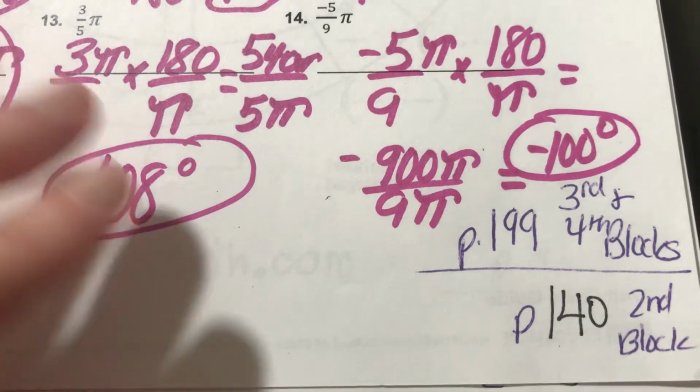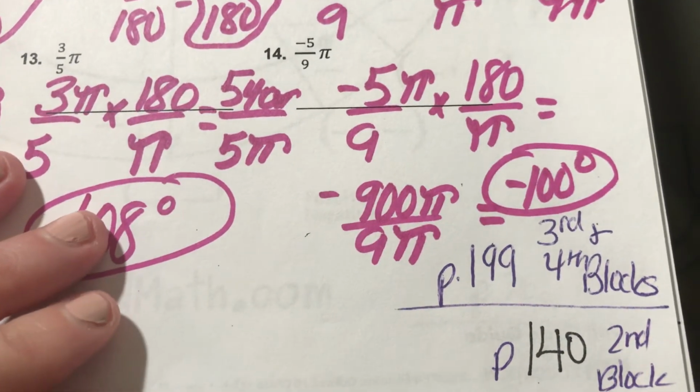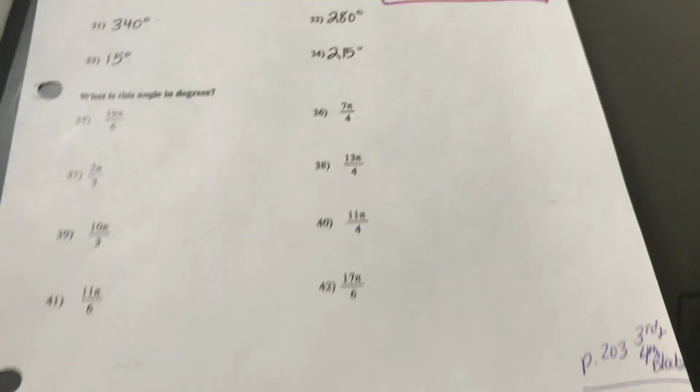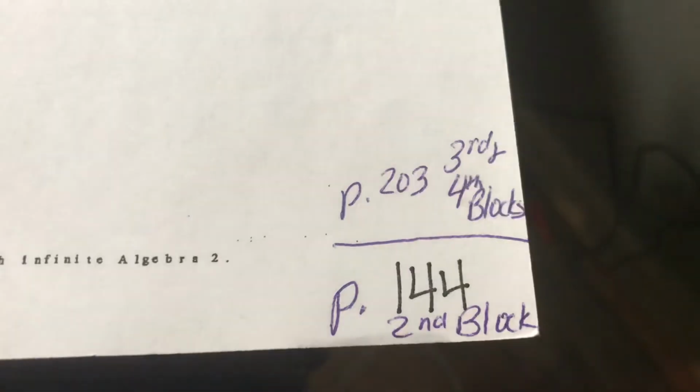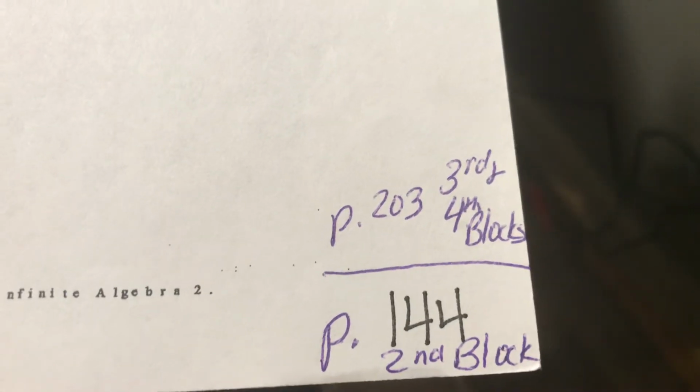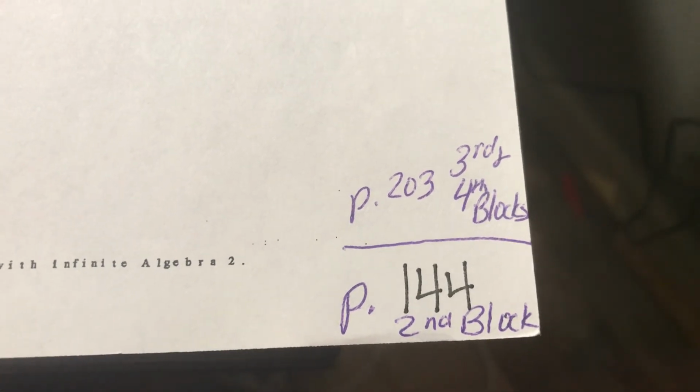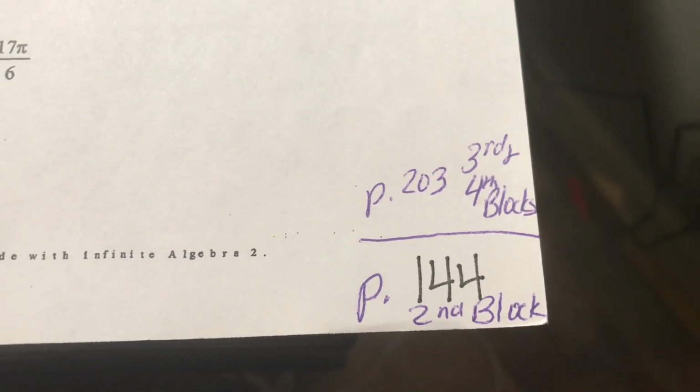So that is converting radians to degrees. Your assignment for this week comes from page 103 if you're in my third and fourth block, page 144 if you're in my second block.